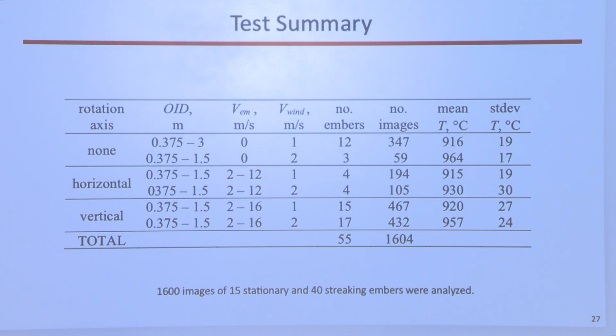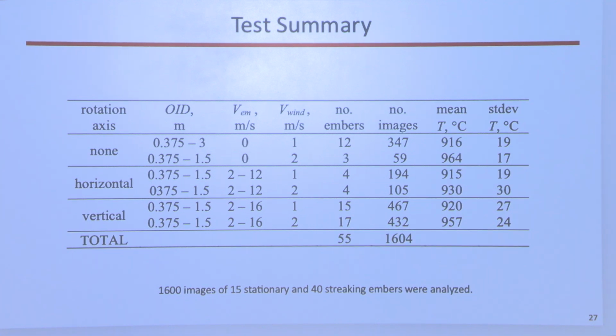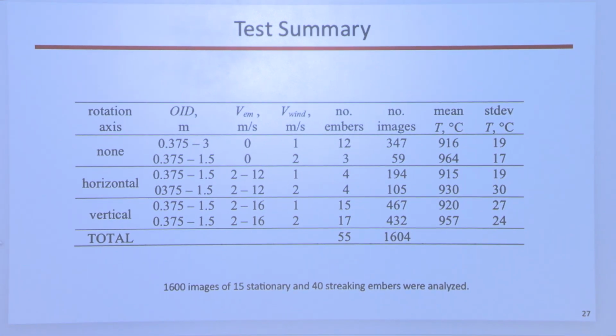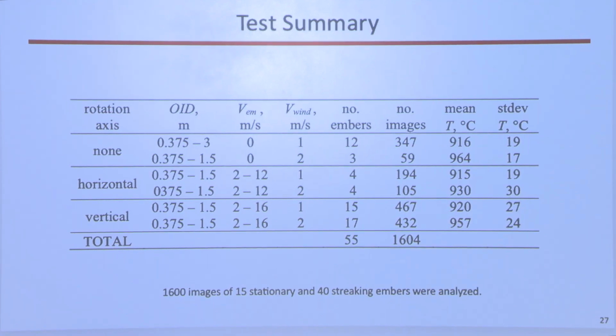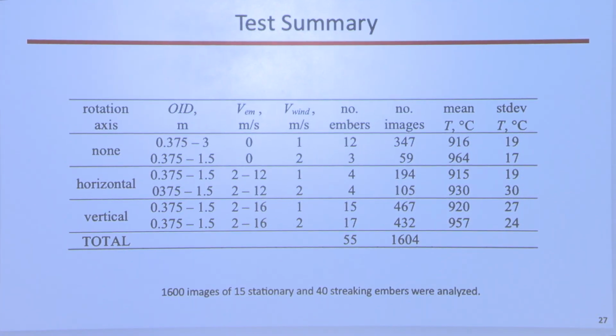Now, as I mentioned, when you're burning wood, you have to get good statistics, you have to do lots of measurements. You can't take a picture of one ember and say, all embers burn at 960 degrees. Well, one ember burned at 960 degrees. But once you have this many, once you have 1,600 images, you can start to get average temperatures and get better statistics. But this is what's required in a lot of fire studies.